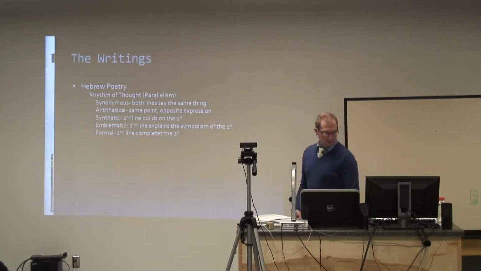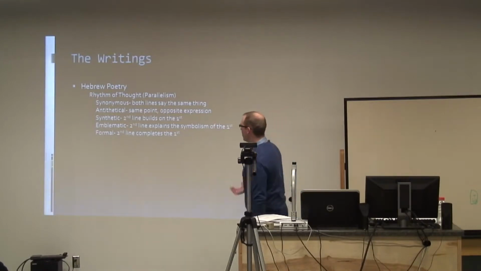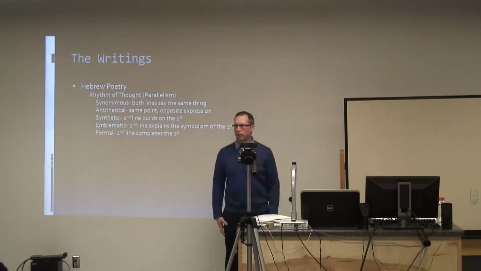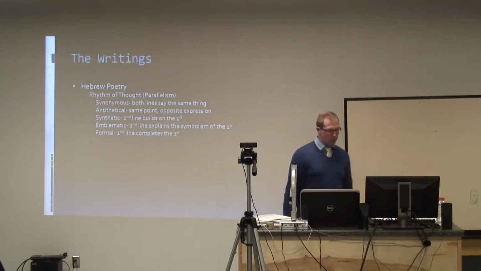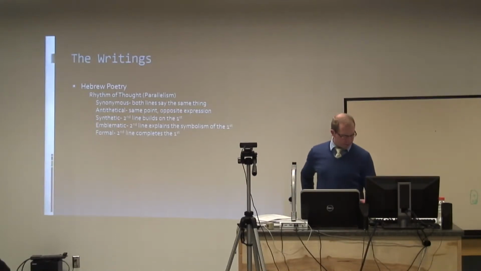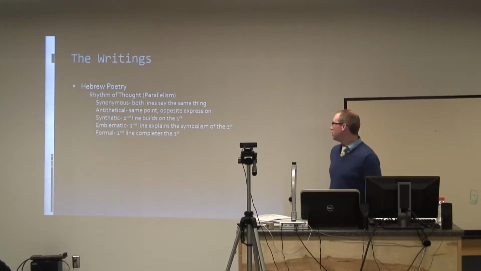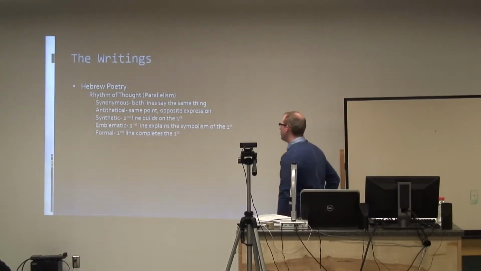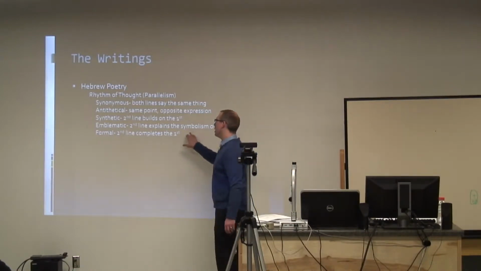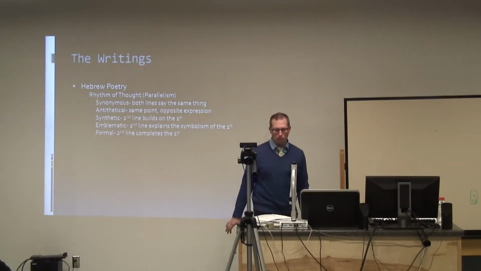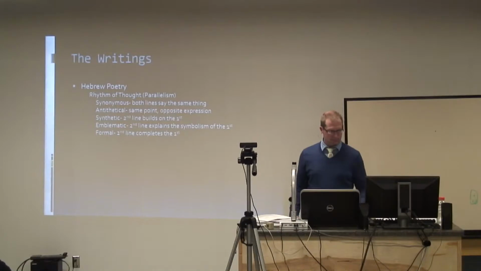Formal parallelism becomes kind of a catch-all that describes other kinds of parallelism that we're not really sure how to classify. So there is a formal set of two lines in that formal parallelism, but they just go together.